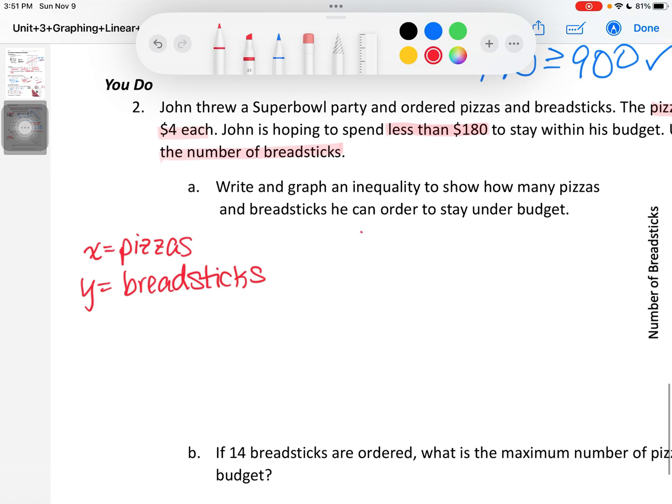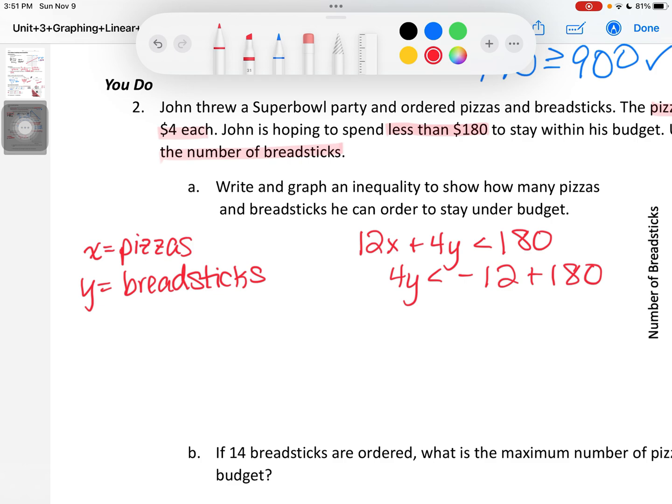So we should get 12x plus 4y, and it's less than 180. We need to subtract the 12x from both sides. And then we're going to divide by 4. It's going to leave me with negative 3x plus 45.